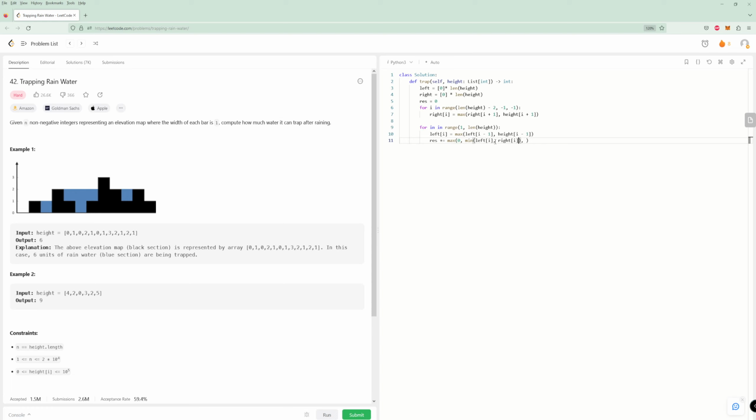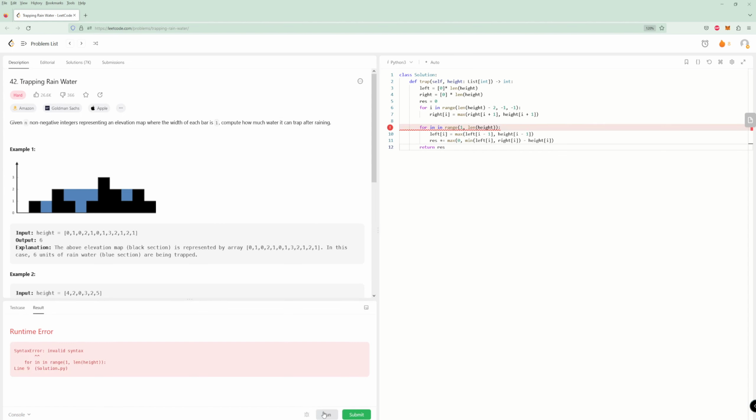I did. Yeah, so it should be min of left, right, except this needs to be minus, and then this needs to be height I. Okay, and I think that should be it. Let's see if we screw anything up as always. Return.